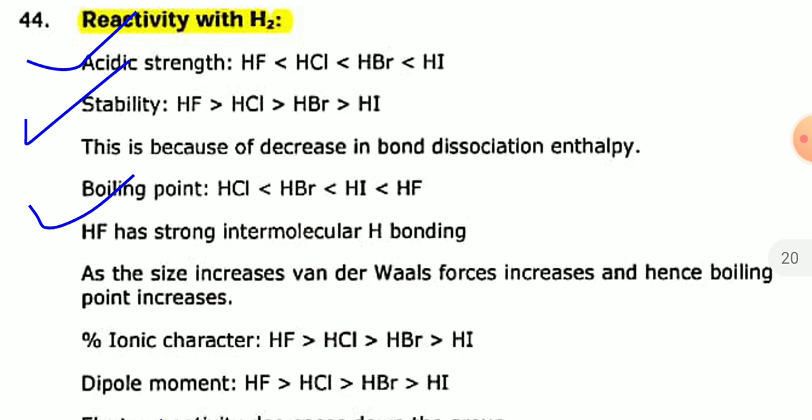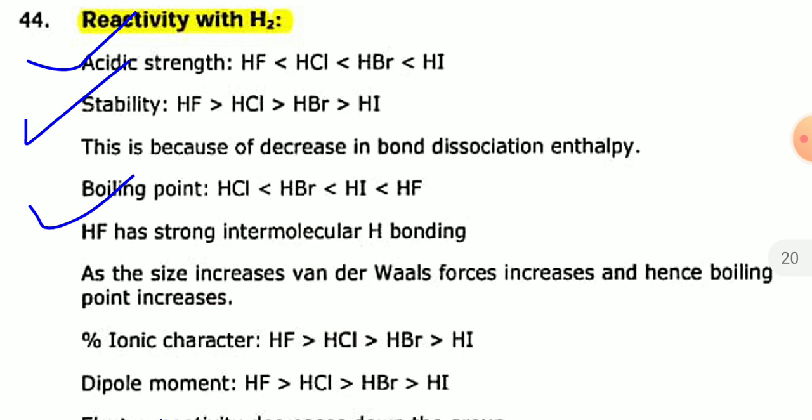The acidic strength of different hydrogen halides is HF less than HCl less than HBr less than HI. This is because down the group, the bond length increases and bond dissociation energy decreases, so acidic nature increases.